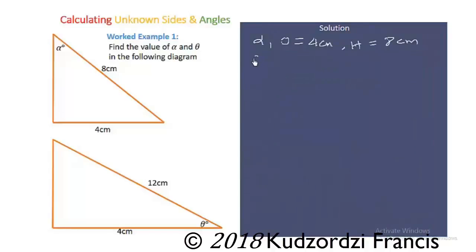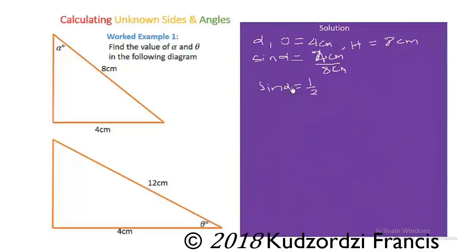That is sine. So we have sine alpha to be equal to the opposite, which is 4 centimeters, over the hypotenuse, which is 8 centimeters. So we have sine alpha to be equal to 1 over 2.